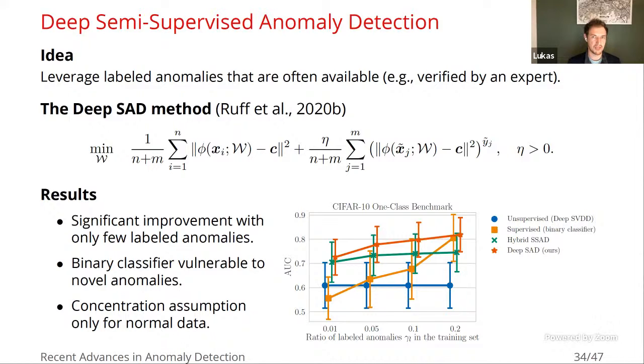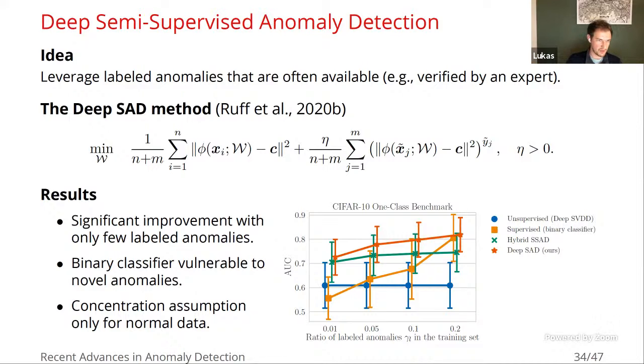But in many applications, one also has some labeled anomalies sometimes at hand. So for instance, failure cases verified by some expert, or specific diseases identified by some doctor, for instance.